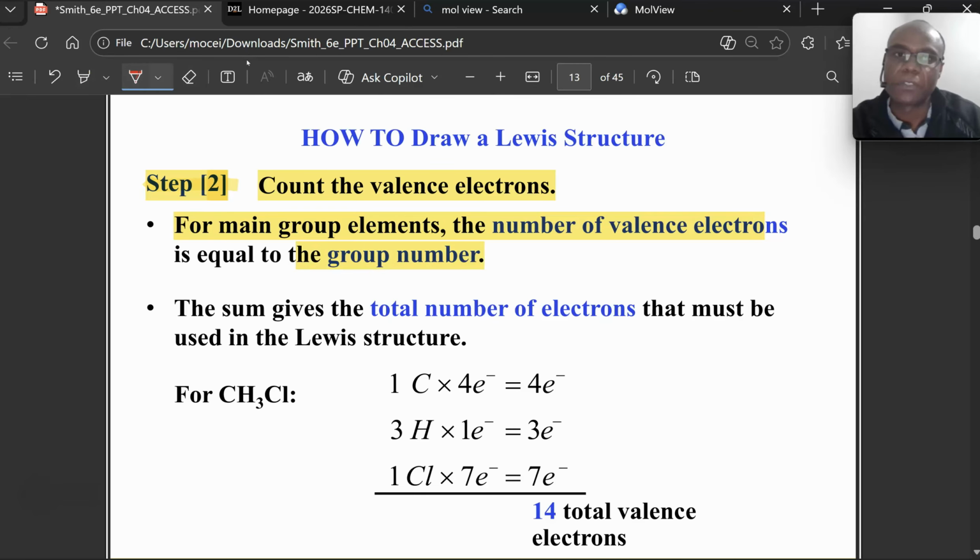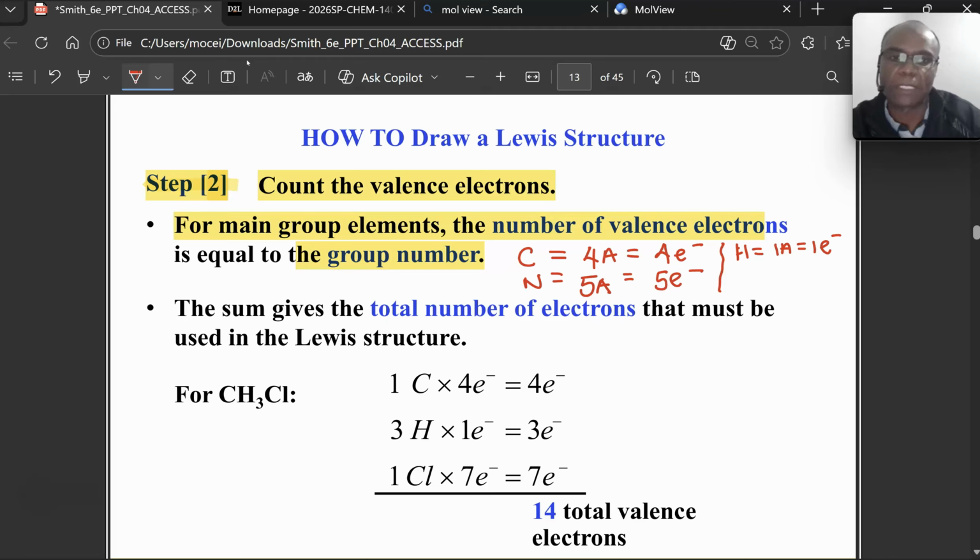You saw that carbon, found in main group 4A, has a valency of 4 electrons. Nitrogen, found in the tallest column 5 in the periodic table, 5A, is gonna give you 5 electrons. Hydrogen is in main group 1A, the valency is 1 electron.